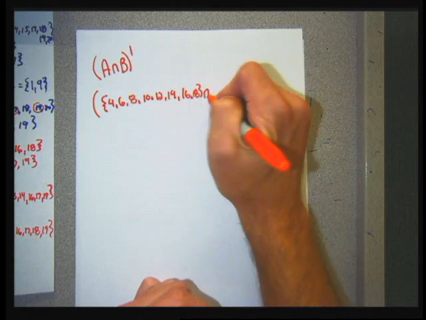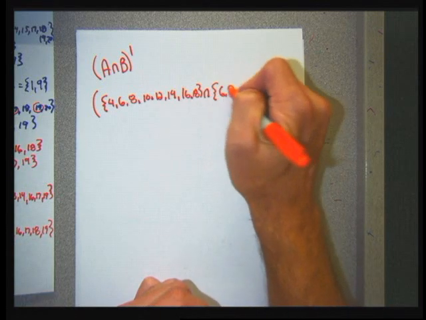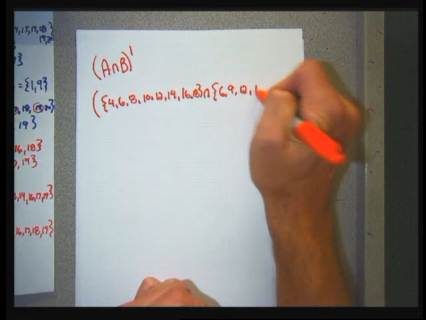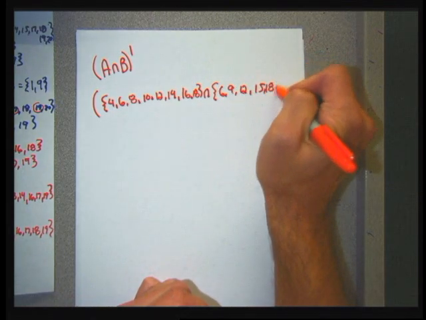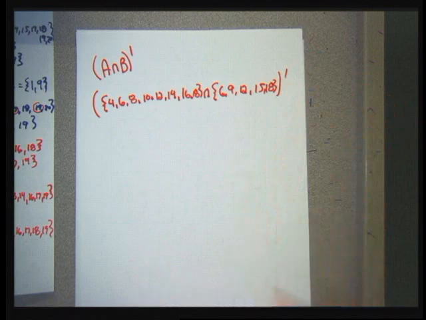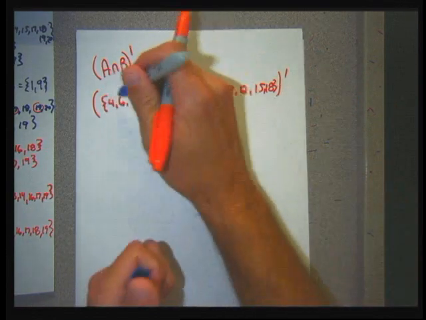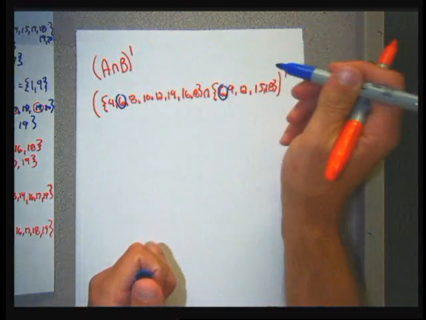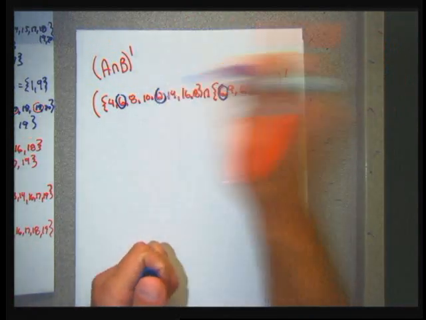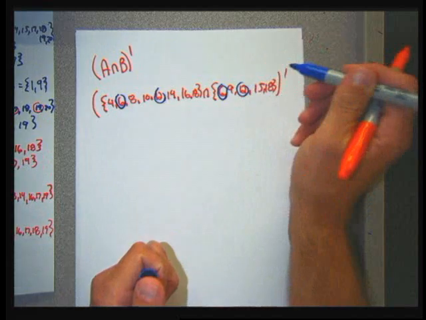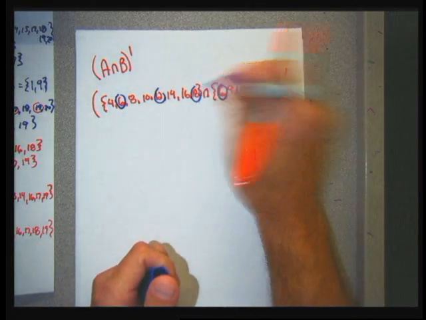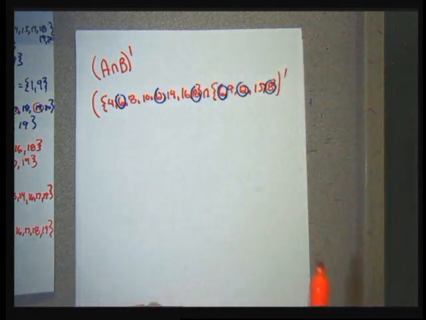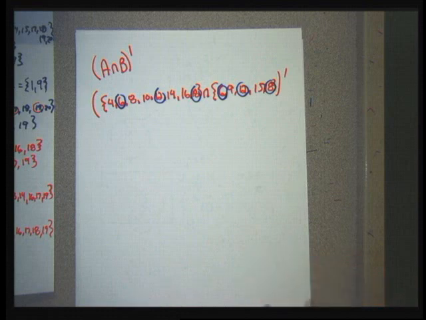Then I intersect the B set, which is 6, 9, 12, 15, and 18. Find out what that intersection is, then I do the prime. Intersection is what they have in common. A and B both have 6. They both have 12. And they both have 18. So A intersection B, if that's what I was asked to find, is just the numbers 6, 12, and 18.